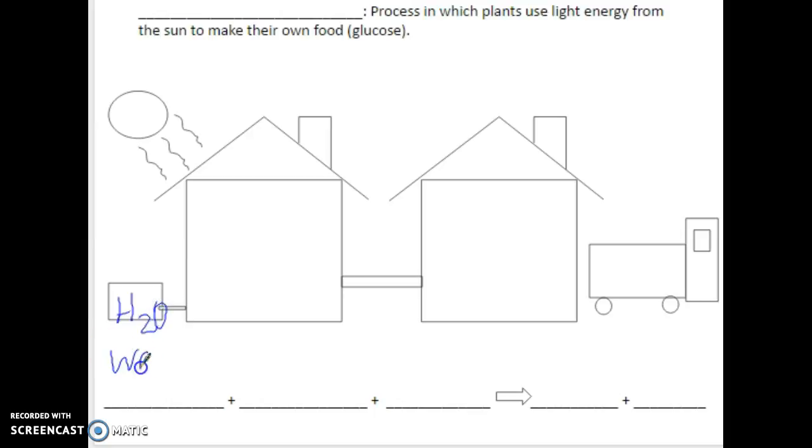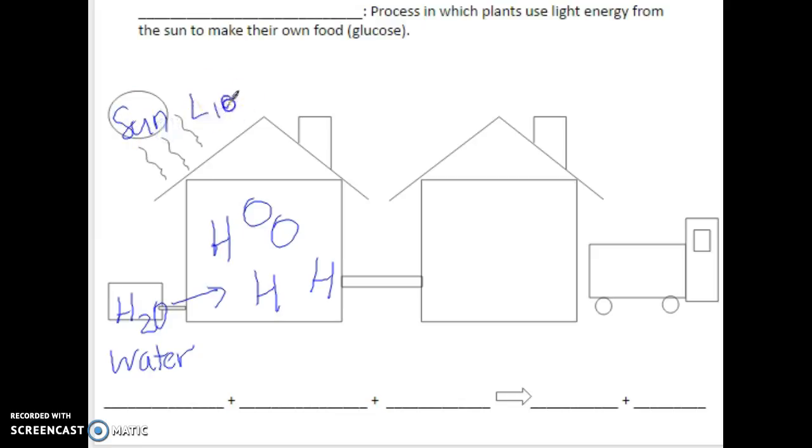That water is going to go into our first factory, and it's going to get broken apart into hydrogens and oxygens. In order to do that, we need some source of energy. So that's where our sun comes in. The sun is going to provide light energy to break up those hydrogens and oxygens.